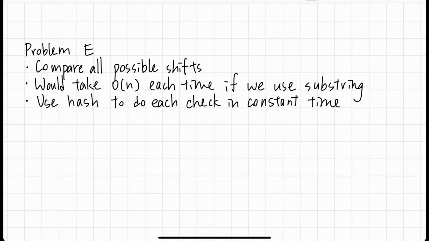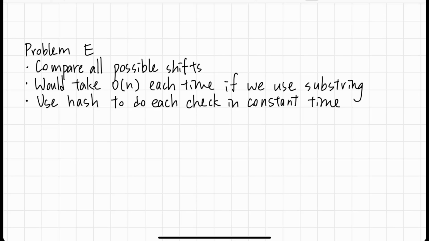However, if we compare all possible shifts by finding the substring each time, then this would take O(n) time. So if we want to do this faster, we can use a hash to do this check in constant time. A hash is basically a method to convert a string into a value, and then we can compare the values quickly to check if the values are equal, then the strings are equal.